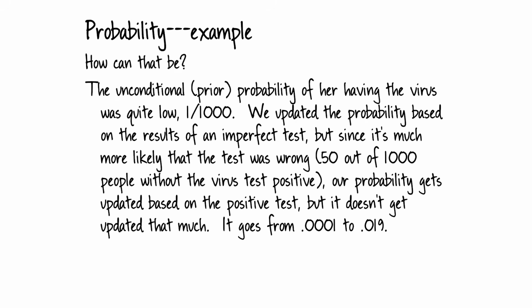And the other counterfactual is if the test was as stated, but there was no Zika virus, the probability of her testing positive would be 50 out of 1,000. So basically we're updating based on valuable but not perfect information, and the probability doesn't get updated that much as a result.